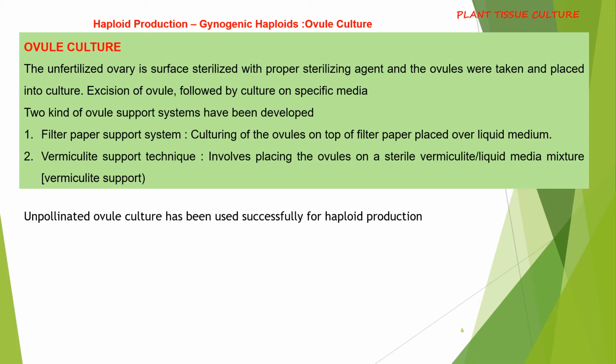Second, the vermiculite support system, wherein the ovules are placed on sterile vermiculite with liquid media, with the micropylar end of the ovule placed downwards. These methods are successful in the case of small seeded plants also.